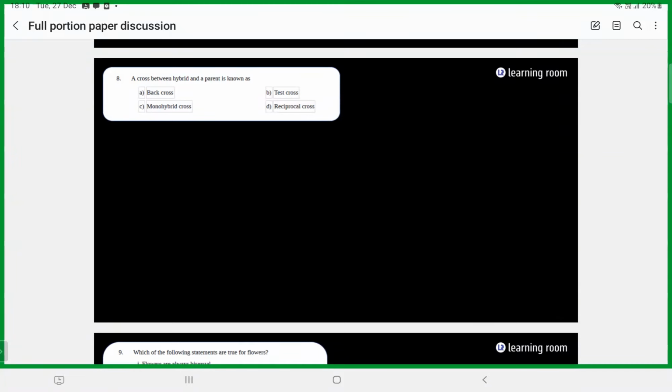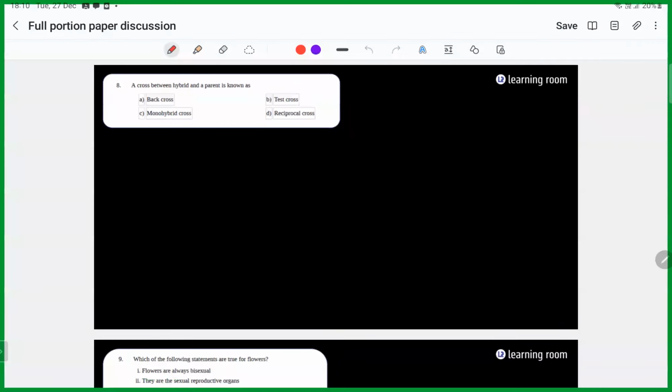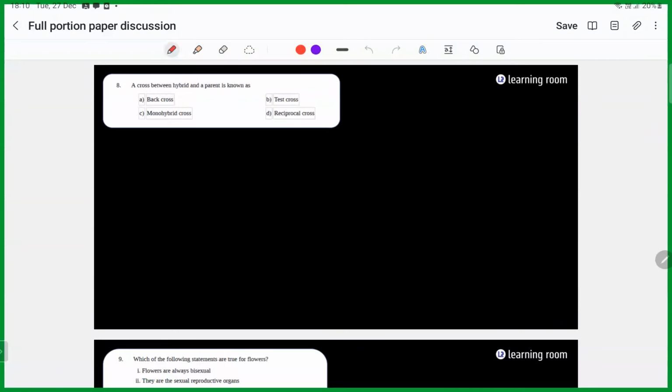No confusion, back cross is correct. And just for your better understanding, I'm asking what is test cross then?